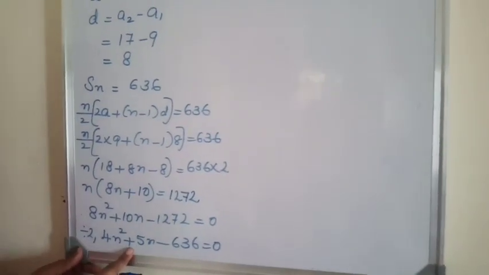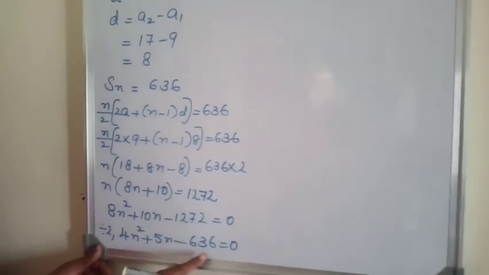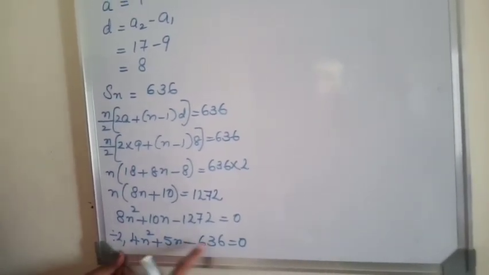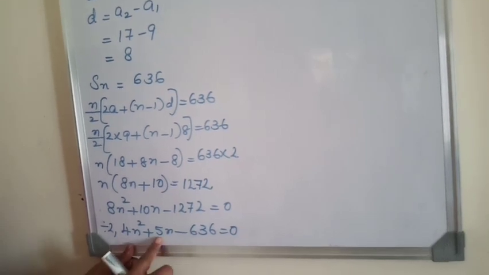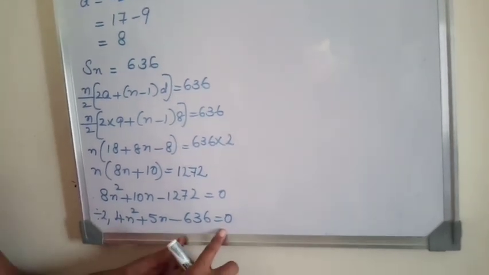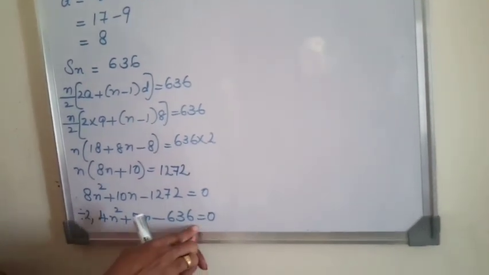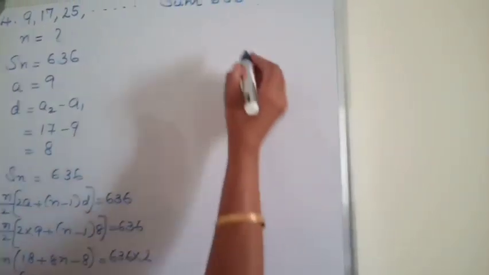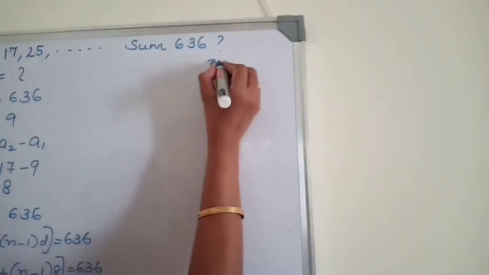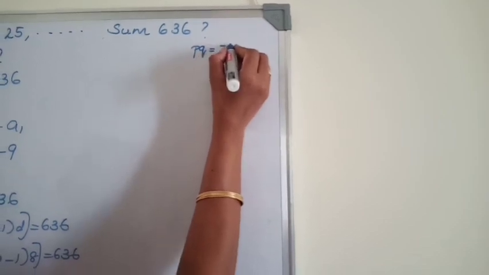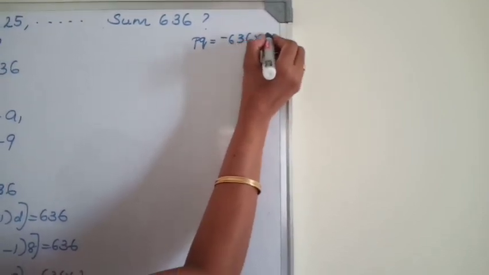This is a quadratic equation. Here also we have to apply the product and sum method, but the product is a bigger number. So here 4n square plus 5n minus 636 is equal to 0. PQ is minus 636 into 4.